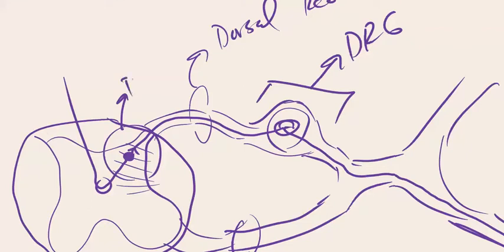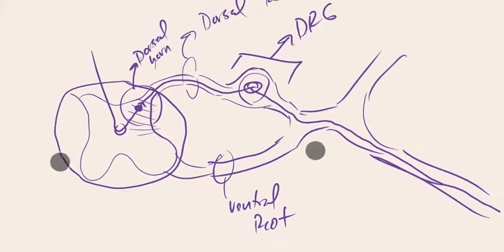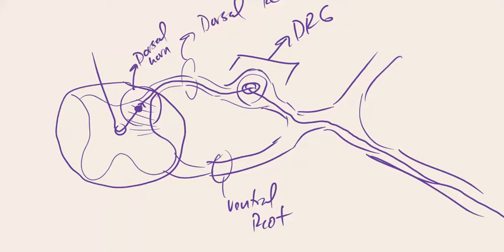Okay. So the reflex, right? Like you touch something hot, that's going to go through the sensory neuron and the dorsal root ganglion, and then it's going to go to lamina 7.